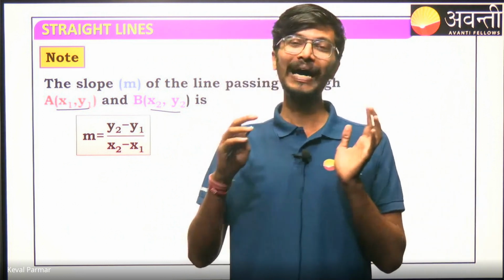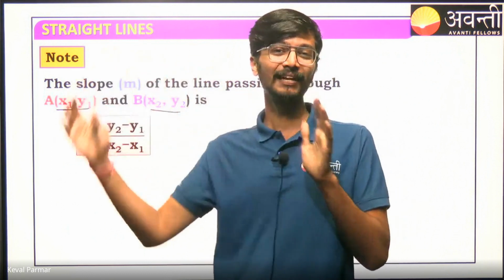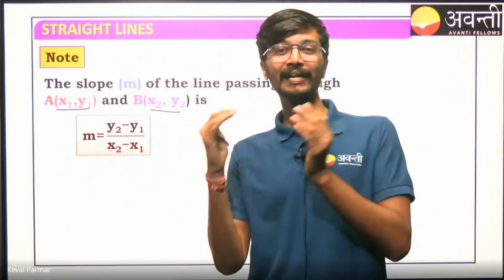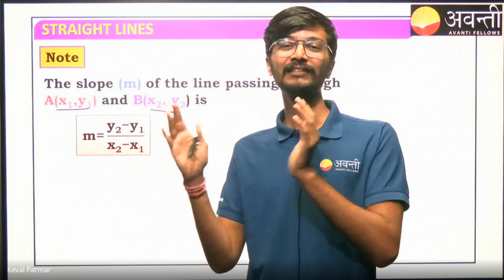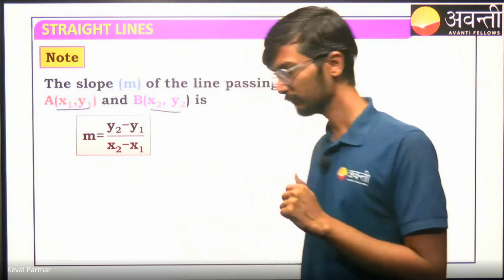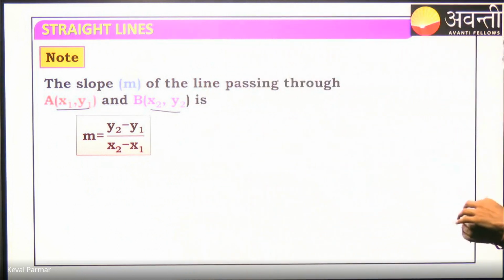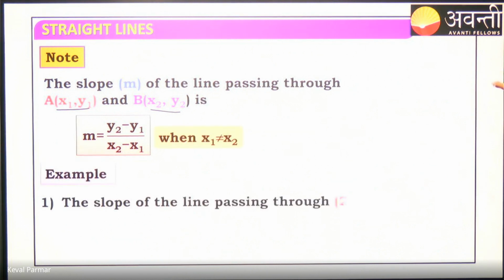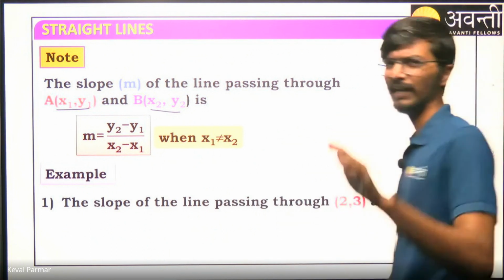As I told you, all the other definitions of slope, such as this one, are derived from our original definition, which is inclination. If you want to see how the slope formula came about, let's first solve an example.